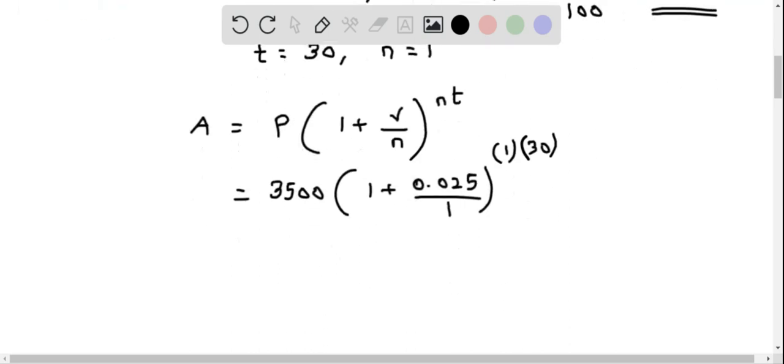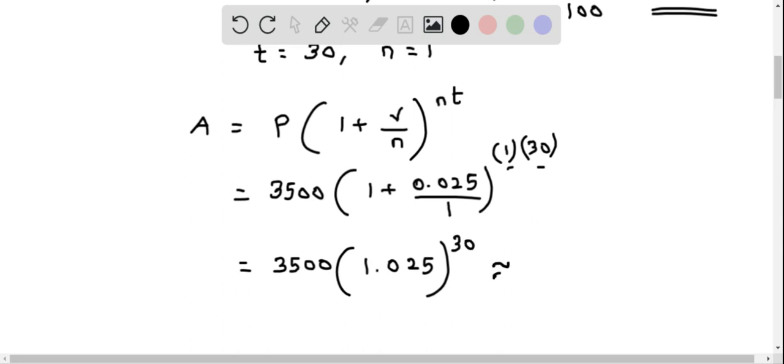So let's simplify. This is 3,500 times, 0.025 divided by 1 is 0.025, and when we add 1 to it, we get 1.025 raised to the power of 1 times 30, which is 30.